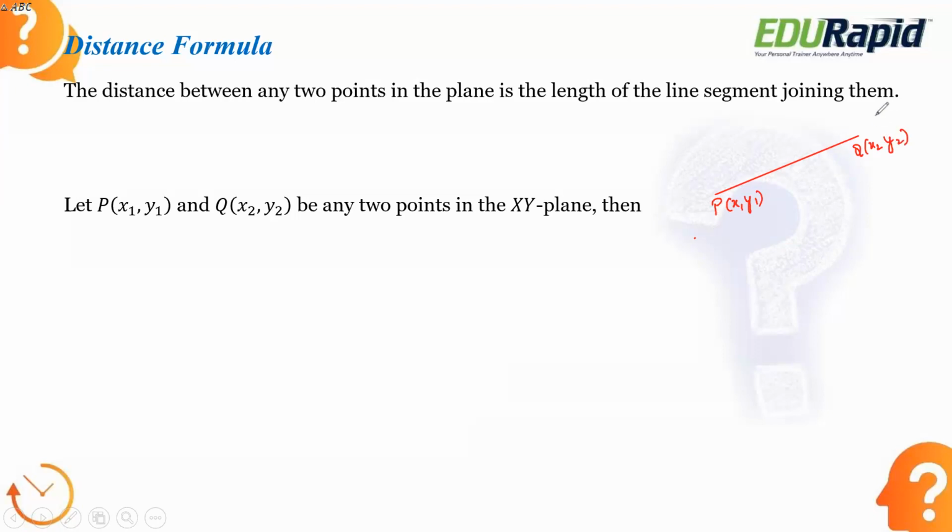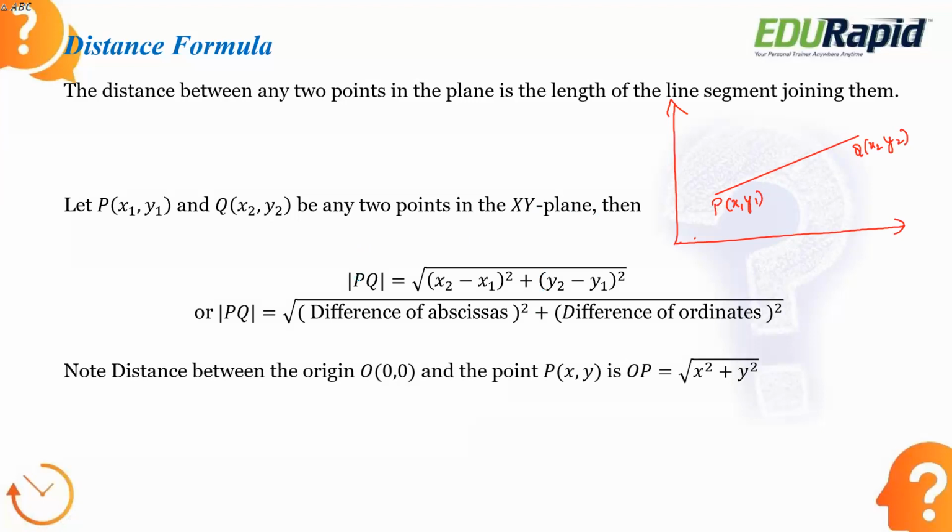So the distance between any two points in the xy plane is calculated by this formula, the modulus, so that even if it is negative, it becomes positive.